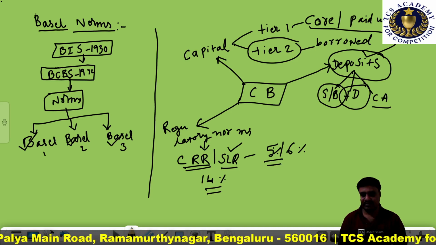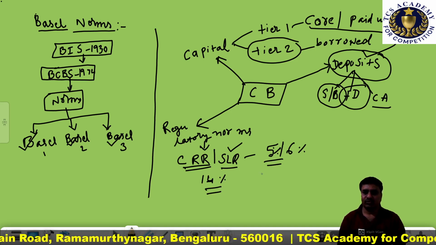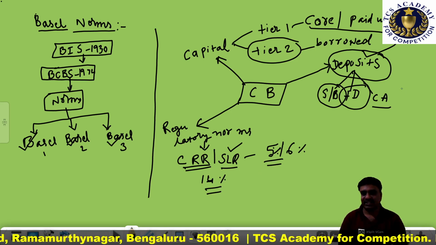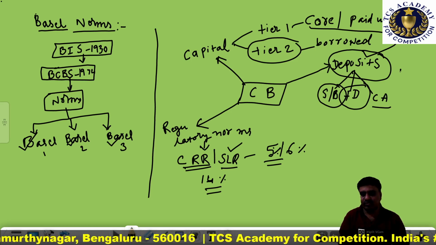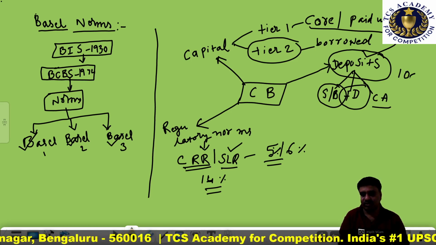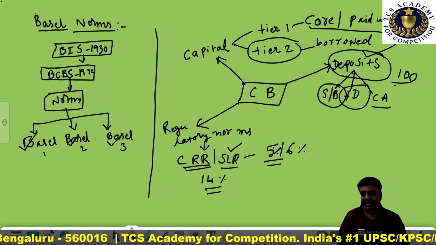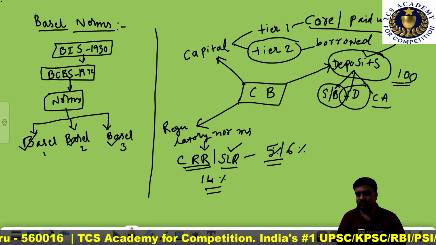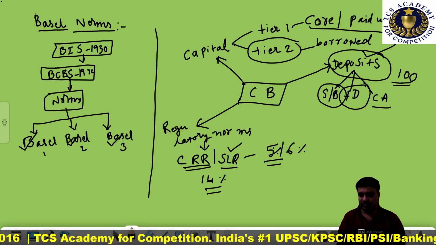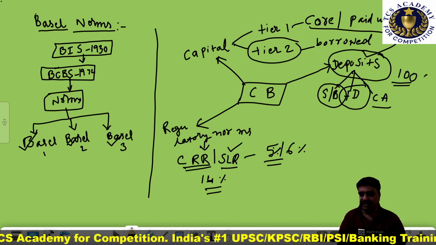Suppose the bank has collected 100 crores in the form of deposits from the depositors.